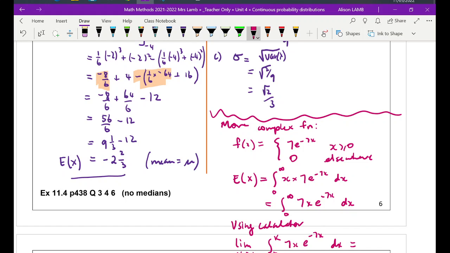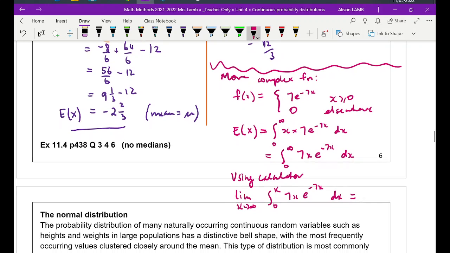To get that to work on our calculator, we put in the exact same expression, but instead of k, we put in an x, and our calculator copes with that.